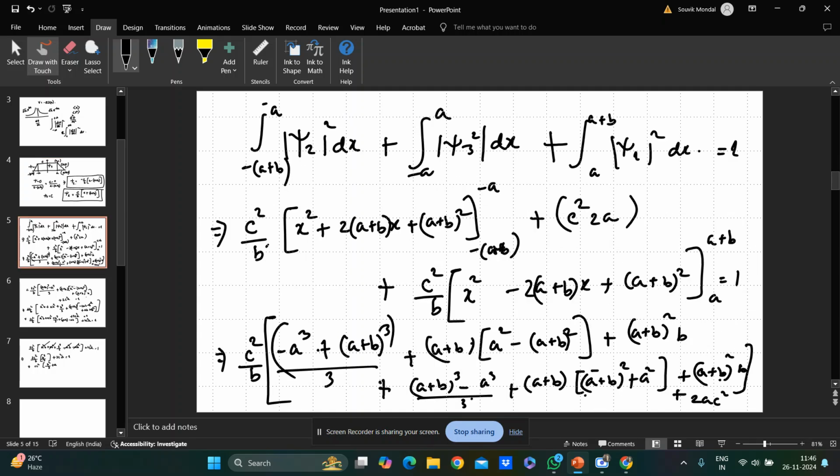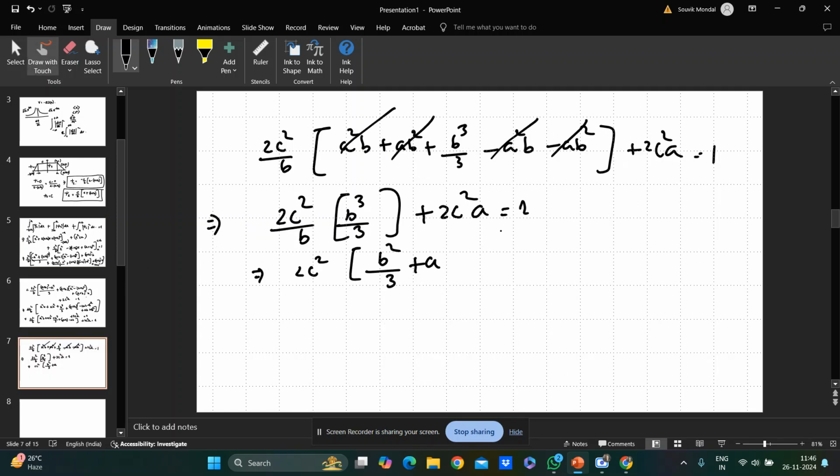I am making a mistake, sorry for that. This will be c square by b square, because I recognize dimensionally it will not match. There is no b square. So b by 3 plus a is equal to 1. Therefore c square is equal to 3 by 2 into b plus 3a.